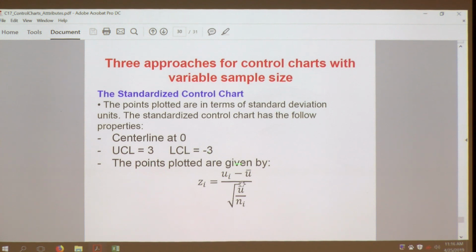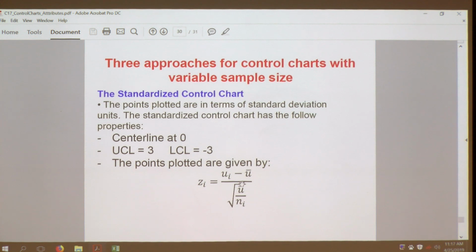The points plotted, this is z_i, right? So it's every x minus the average divided by the standard deviation. This is normalization, what we discussed before in the central limit theorem, CLT. Okay? We did normalization. We can also call it standardization.